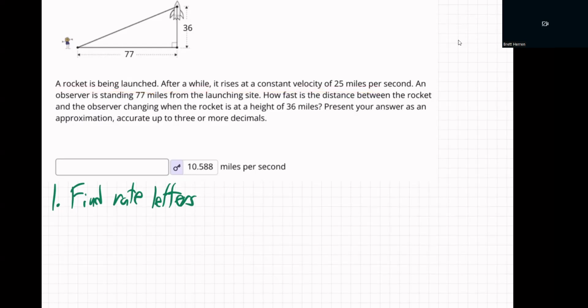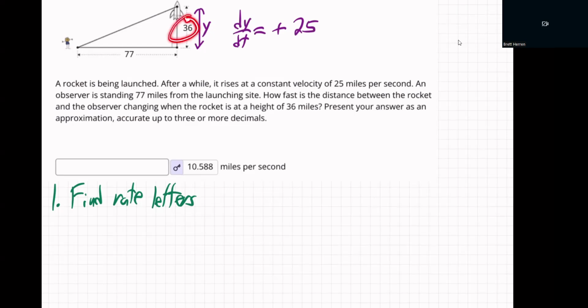What is that? Well, call this y here. In fact, let me do a better job on that. Call this y. And that's telling us that dy/dt is positive 25. Now I know you might say, well, Mr., it's already 36.